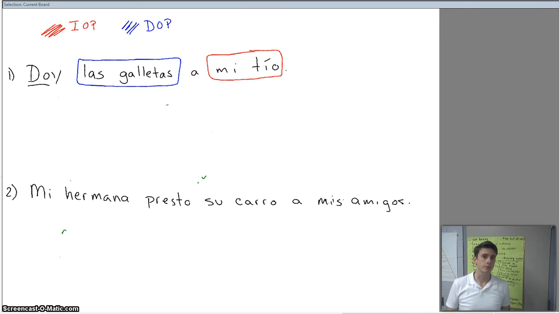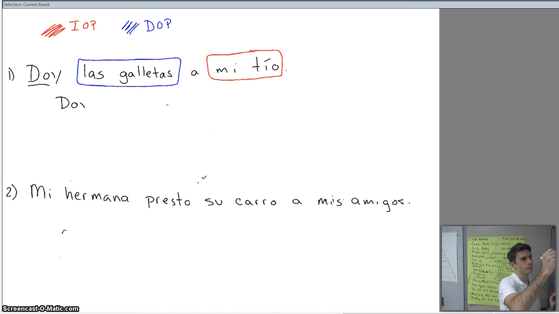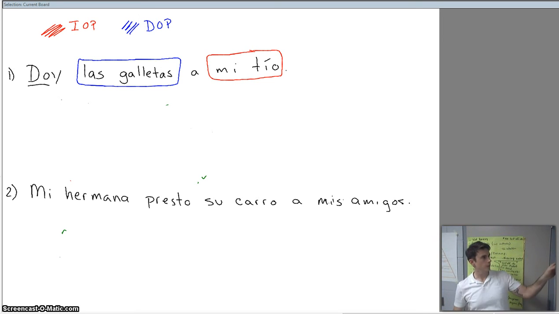Okay, now instead of saying I give the cookies to my uncle, we want to say I give them to him. That's what we're doing. So the action is going to be the same, but we've got to bring our IOP and DOP down into this second statement.